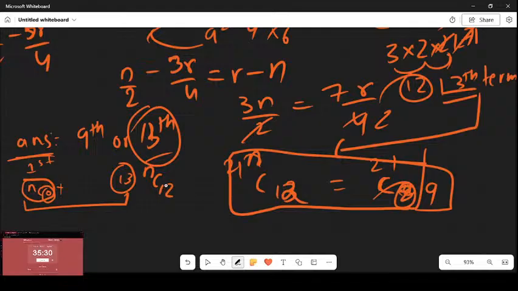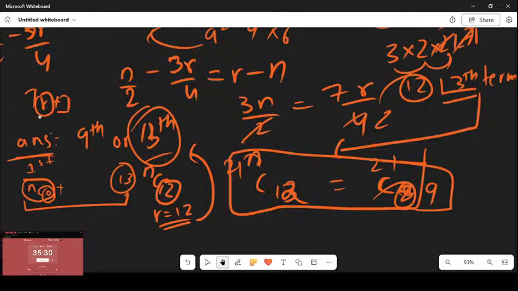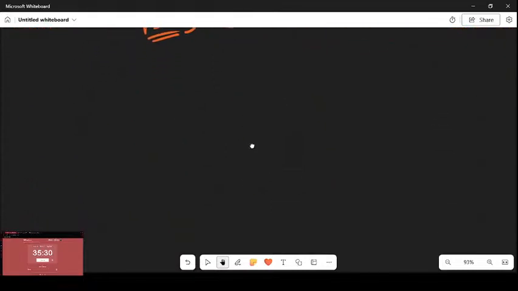Understood? Here it is 12. Here we found r as 12. If r is 12, then which term is it? 13th term. So it makes sense that we always write T(r+1), because we want r as nCr. Understood? There's nothing, the question was absolutely easy, there was just a bit of calculation.